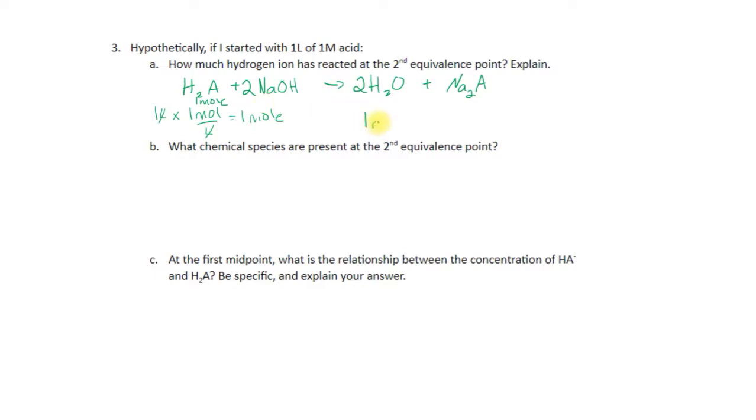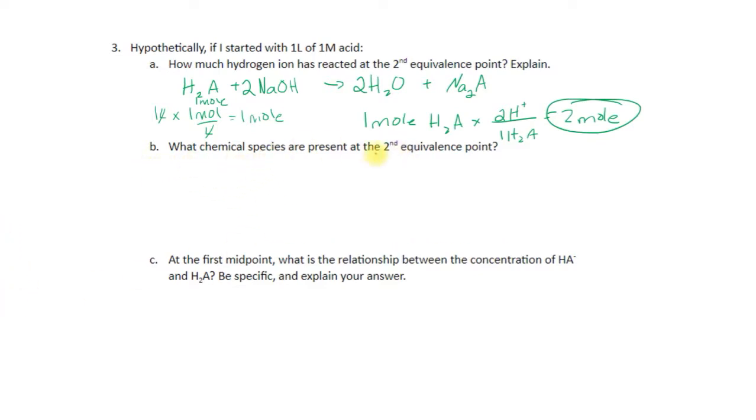And so it's a stoichiometry question. So for every 1 mole of H2A, I'm going to have 2 moles of H plus. So for every 1 H2A, I have 2 H pluses. So we would end up with 2 moles reacting at the second equivalence point. Okay, and that's because it had 2 hydrogens to lose for every H2A.